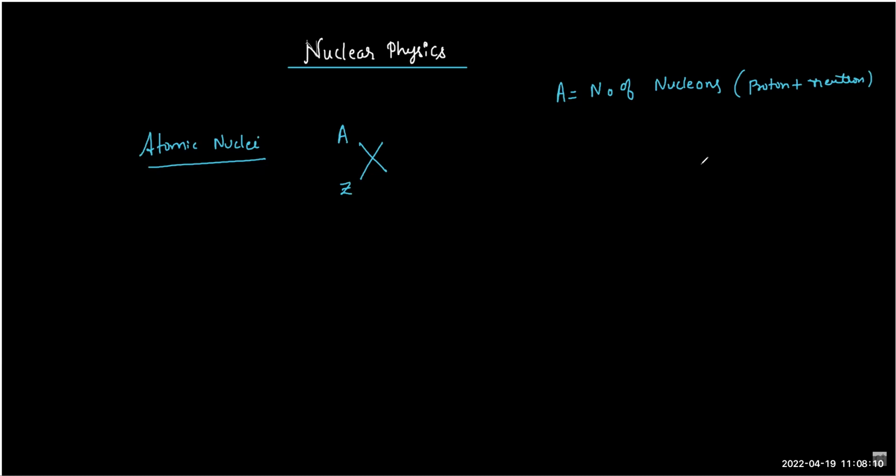And there is a reason for it, because neutrons and protons are indistinguishable within the nucleus. They get their identity only when they leave the nucleus.